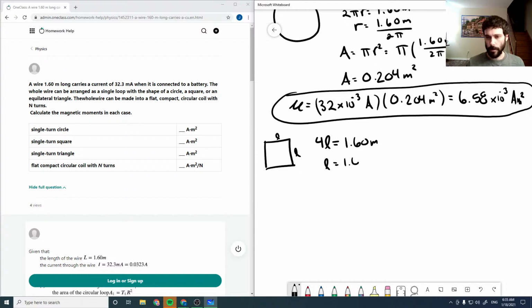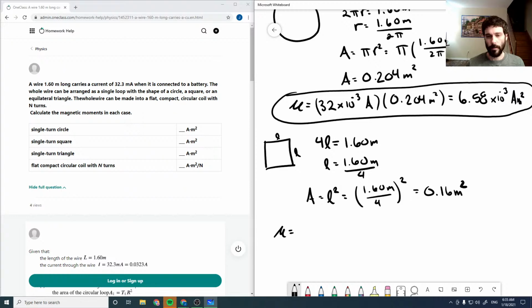So L is 1.60 over 4, and our area is L squared for a square, which is (1.60 meters over 4) squared, which is 0.16 meters squared.